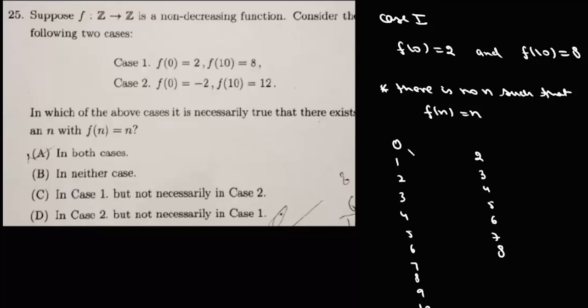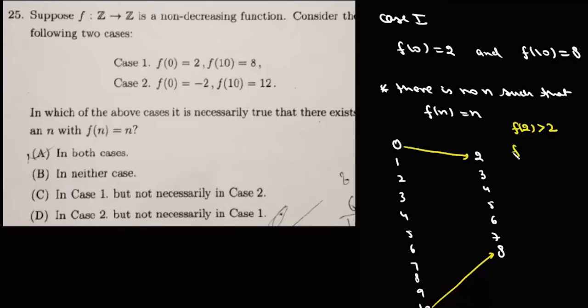Now it is given that 0 is mapped to 2 and 10 is mapped to 8. And it is a non-decreasing function. Now if it is a non-decreasing function and f of n is unequal to n, then f of 2 will be greater than 2. That means this 2 will be mapped to some number which is greater than 2.